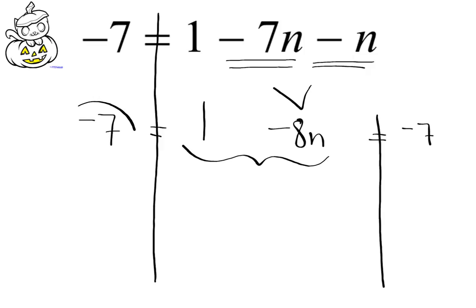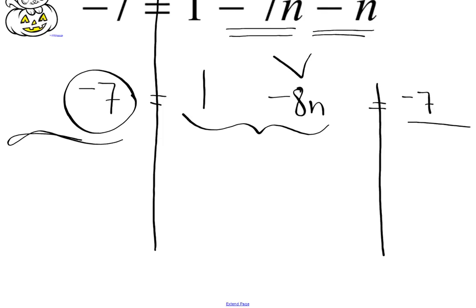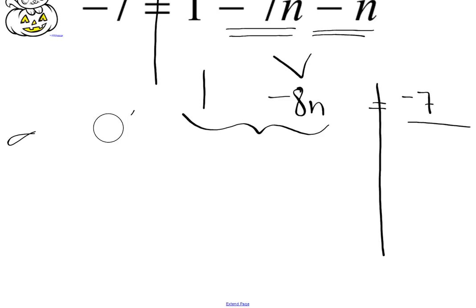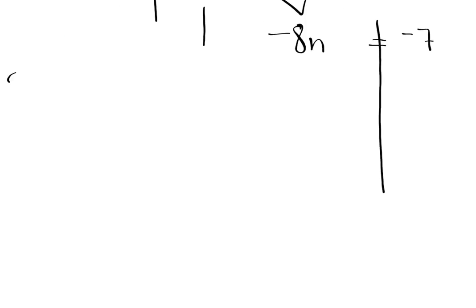So I took this negative 7 and whatever's hanging out over here, and all I did was write it over here in the same order. So now what I have looks like this equation here. And it's what we're used to seeing. It's a little one-step equation, or two-step equation, that we're used to seeing.